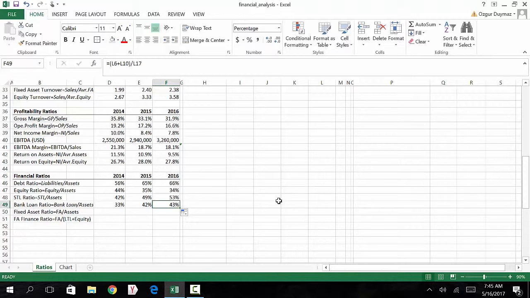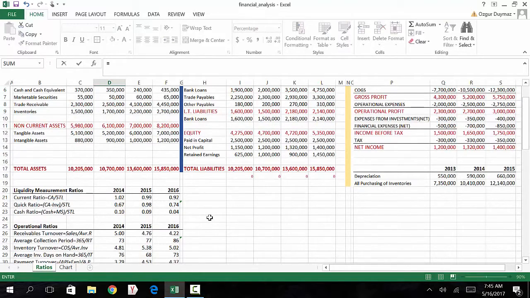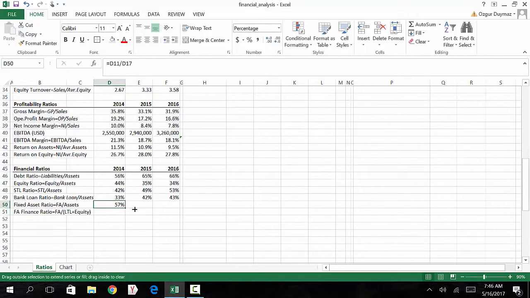And the fixed asset ratio: fixed assets divided by assets. Fixed assets are a very important part of the assets. Non-current assets divided by total assets must be more than 50%. The recommendation is at least 60% for a manufacturing company.